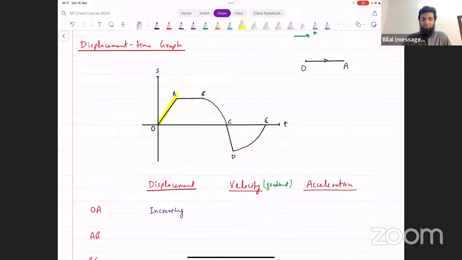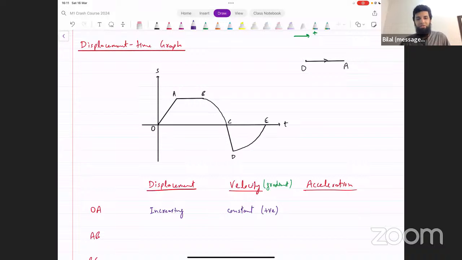It's a straight line, right? The gradient is constant. Since the gradient is constant, we say velocity is also constant. The object is moving at constant velocity in this part of the journey. And that's a positive constant value. So velocity has a positive value because the gradient is positive, but it's constant. It's not changing.